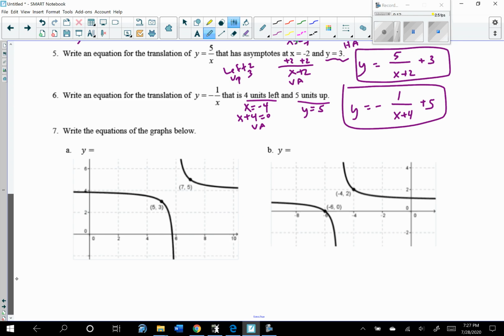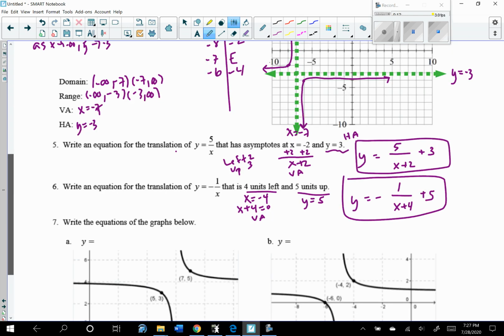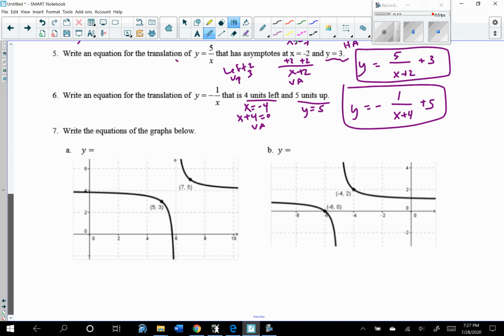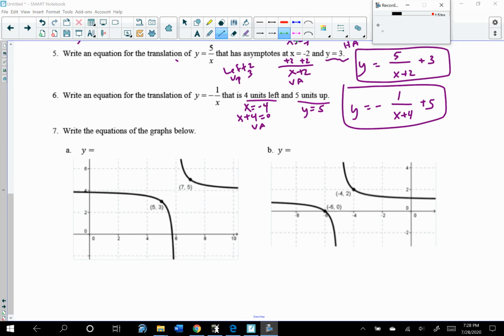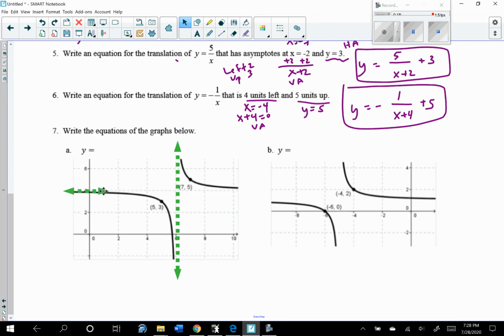Looking at this first one, we would want to figure out where our asymptotes are. So it looks like the vertical asymptote's here. And the horizontal asymptote looks like it's right here, because it should be the line the graph is approaching but does not cross or touch.